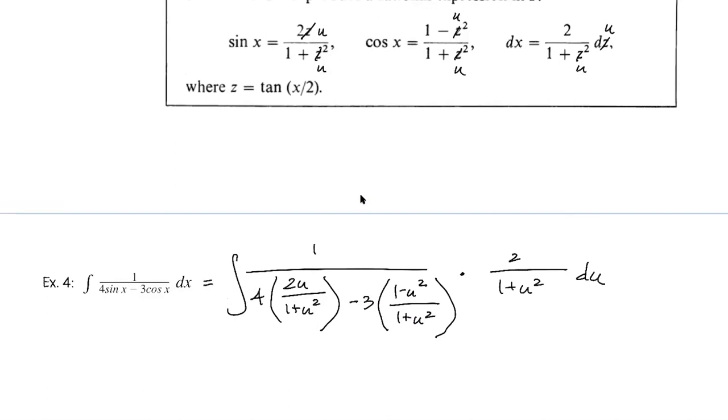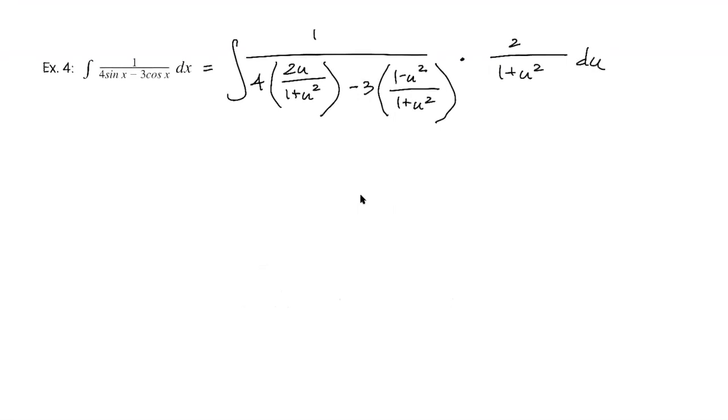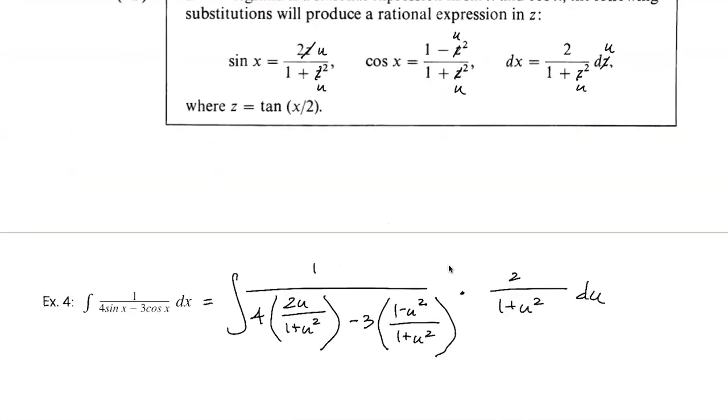I have a question about that part. What do you mean that they told you to put in? Well, they said everywhere you see a sine x, you're going to put 2u over 1 plus u squared. So that's specifically only for that question, just because they told us.